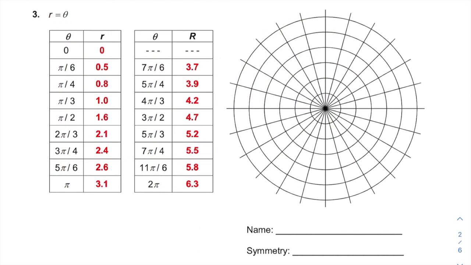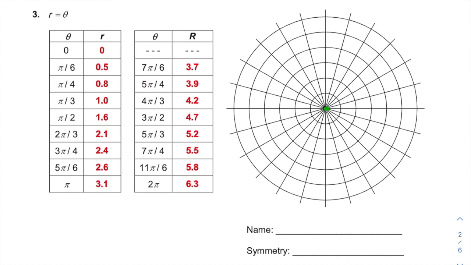So each time I'm on the different lines, pi over 6, pi over 4, pi over 3, pi over 2, all those values as we go, we're going to use the decimal approximation for that value as the actual radius. So as our angles get bigger, we should expect our radius to get bigger too. So first one, when theta is 0, hopefully that makes sense that r is going to be 0. So that's our first dot.